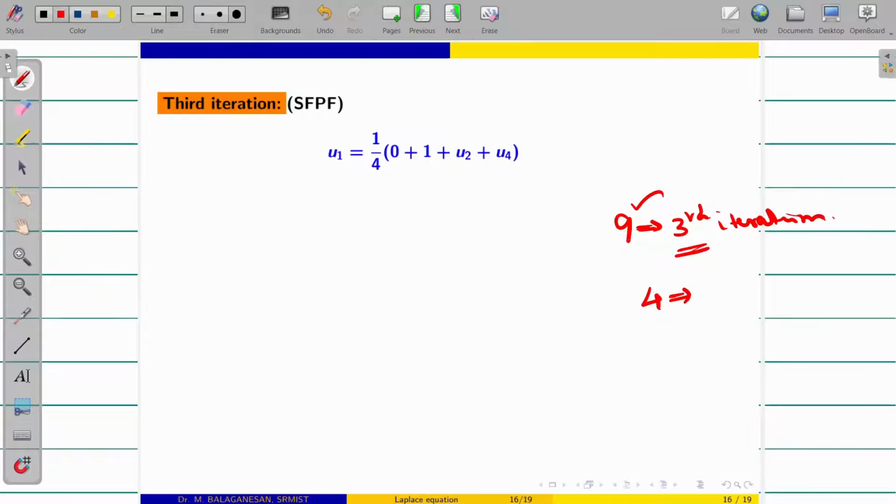Similarly, you have the problem for 4 interior points. These are all points. For 9 interior points, go up to third, not totally 3 iteration. Initial iteration, first iteration, second iteration, third iteration, up to third iteration. For 4 interior points, try to solve up to fifth iteration.